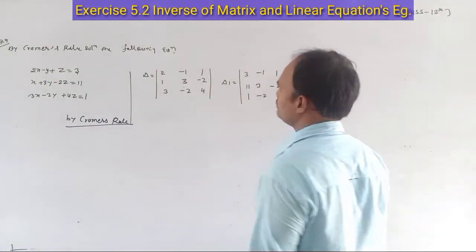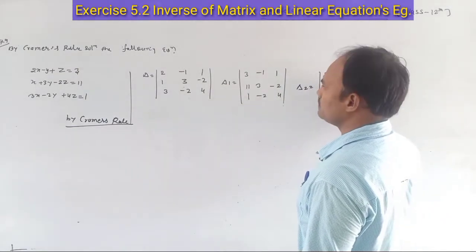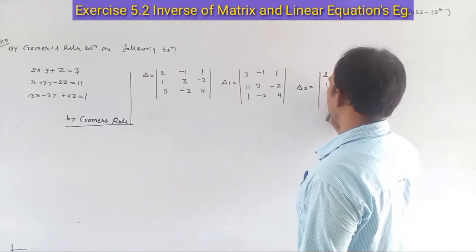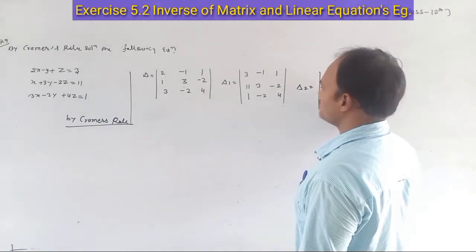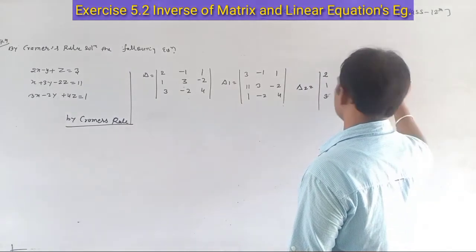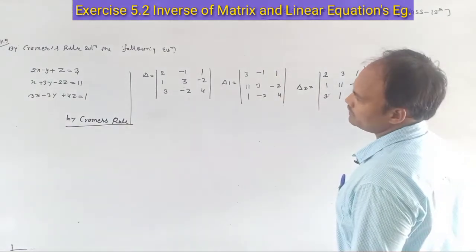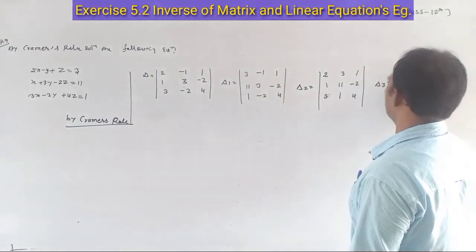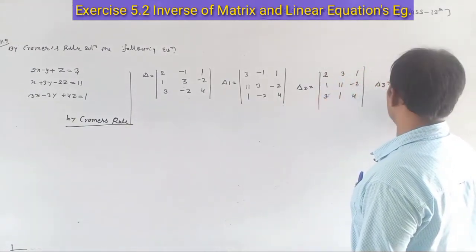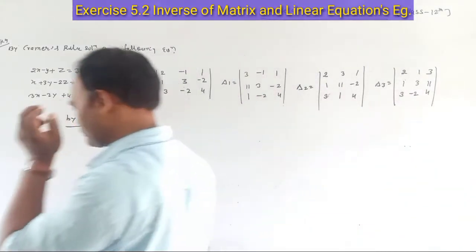Delta 2 is 2 3 1, 1 11 minus 2, 3 1 4. What about delta 3? Delta 3 is 2 minus 1 3, 1 3 11, 3 minus 2 1. So these are delta 1, delta 2 and delta 3.